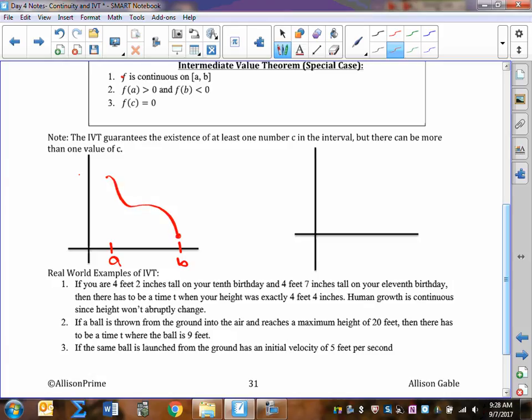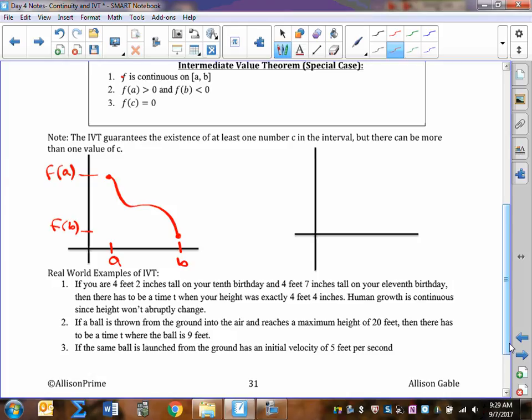All right, we've got a continuous function on the closed interval from a to b. My endpoints here are not the same height. Okay, so we've met those first conditions so far. So then this value here is going to be my f of a. That's my y value associated with it. And this value here would be the f of b.